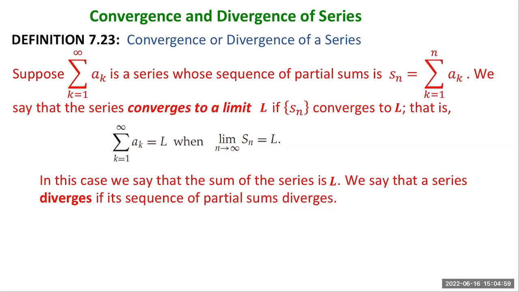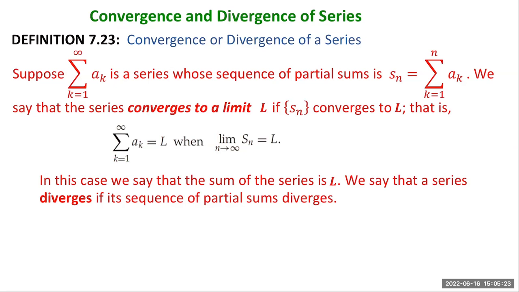And also we say that a series diverges if the sequence of partial sums diverges. If this limit does not exist as a nice real number, then we say that the series diverges. If the sequence of partial sums diverges, then the corresponding series also diverges.